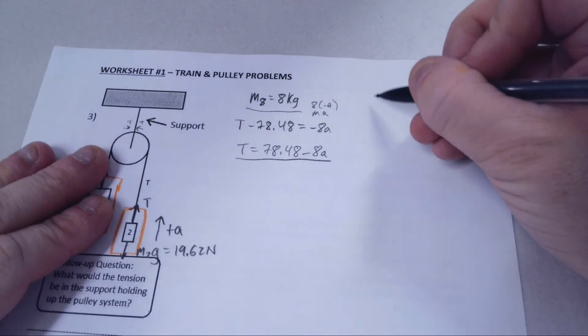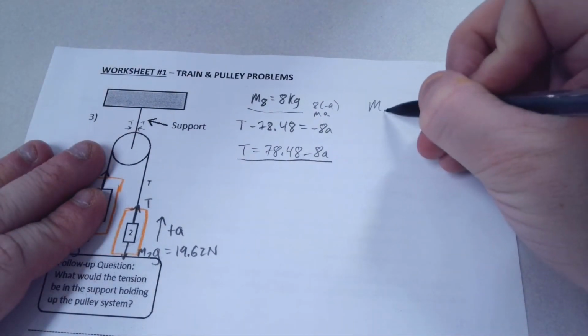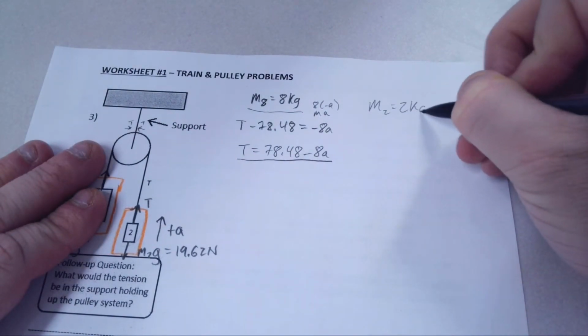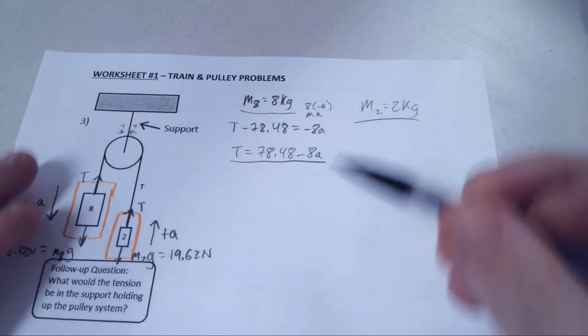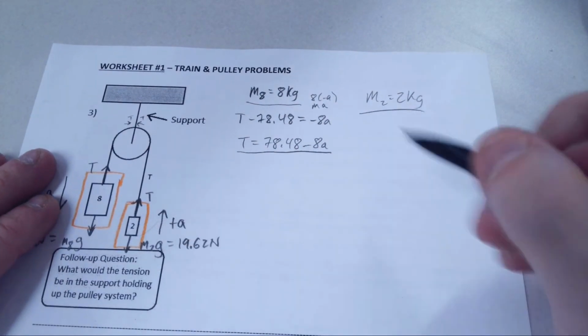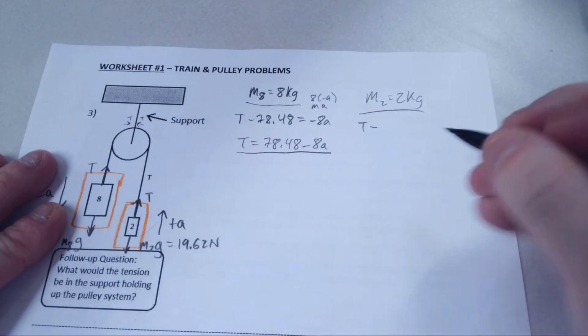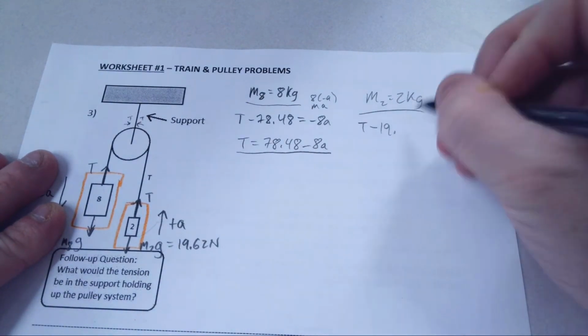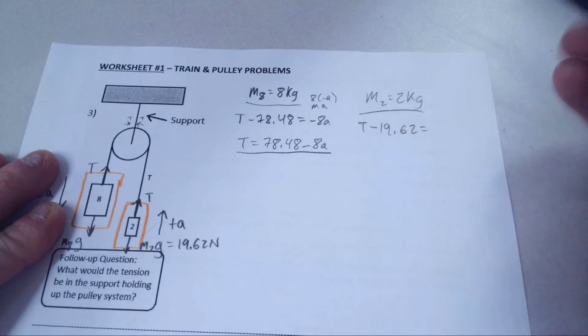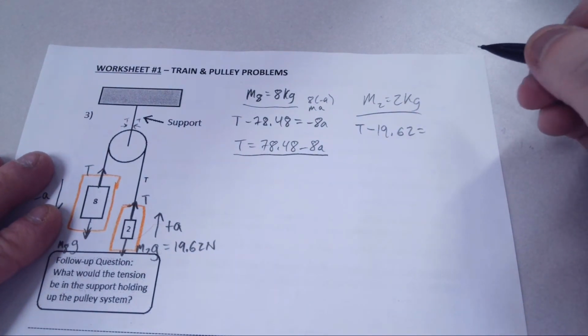Let's now write the equation for the 2 kilogram. M2 equals 2 kilograms. Up minus down. Up is T minus the force of gravity, which we calculated is 19.62. And in this case, the acceleration is positive.